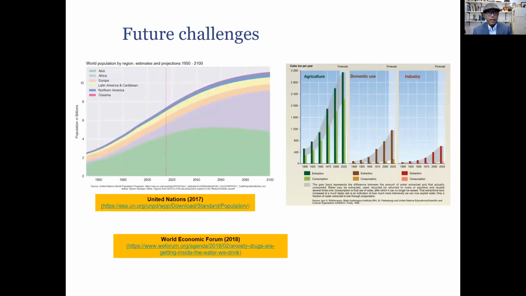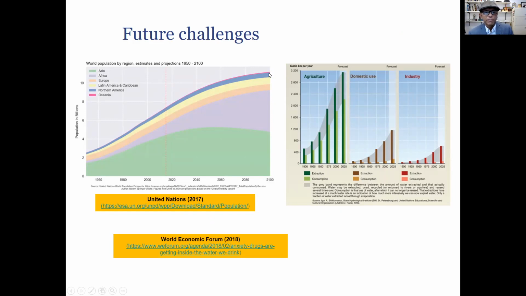This is to demonstrate how the human population is increasing and how the demand for water is increasing on our society. By the year 2100, we will have more than 10 billion people on this planet.